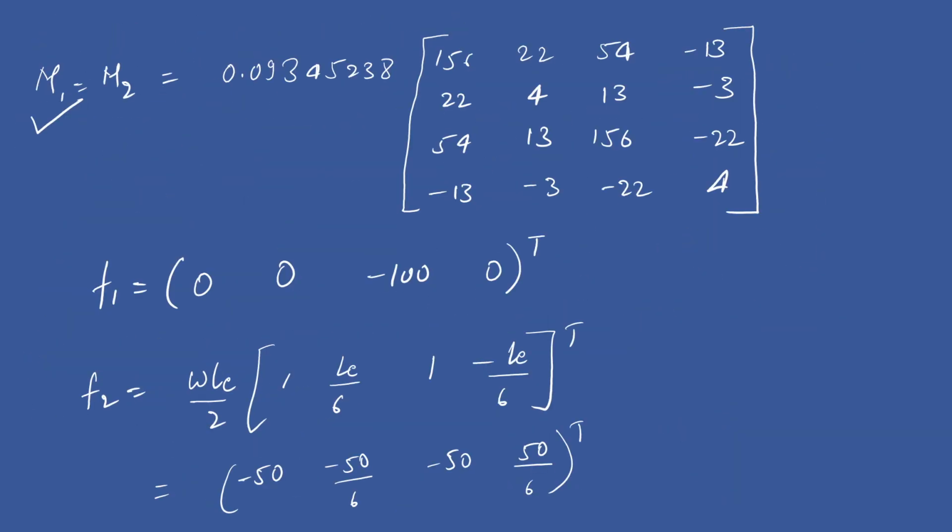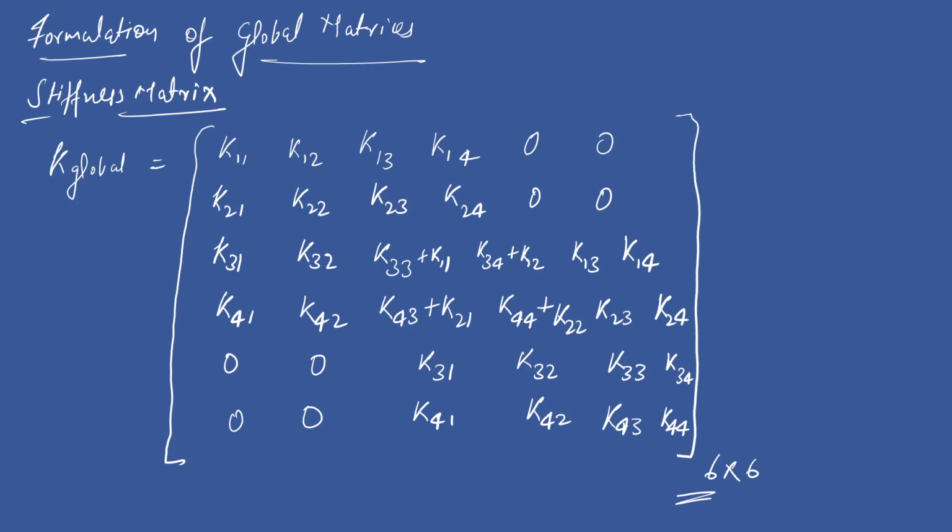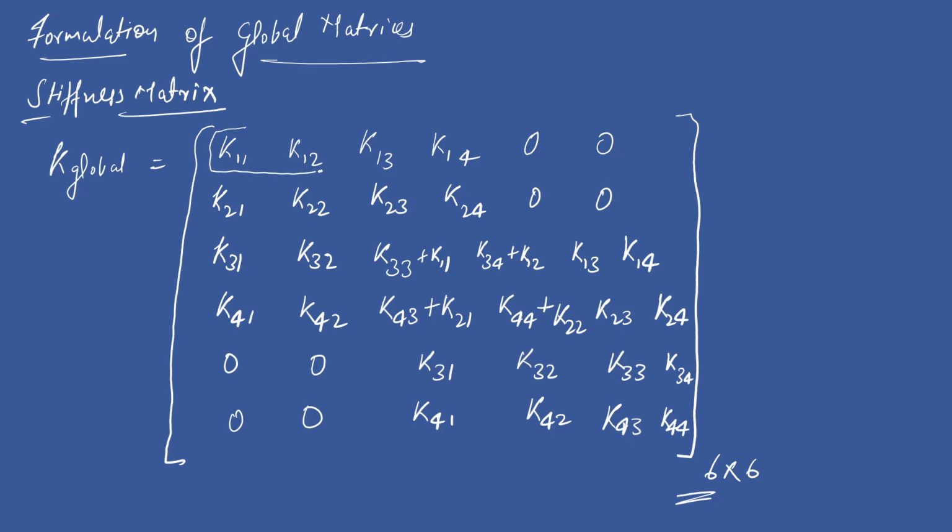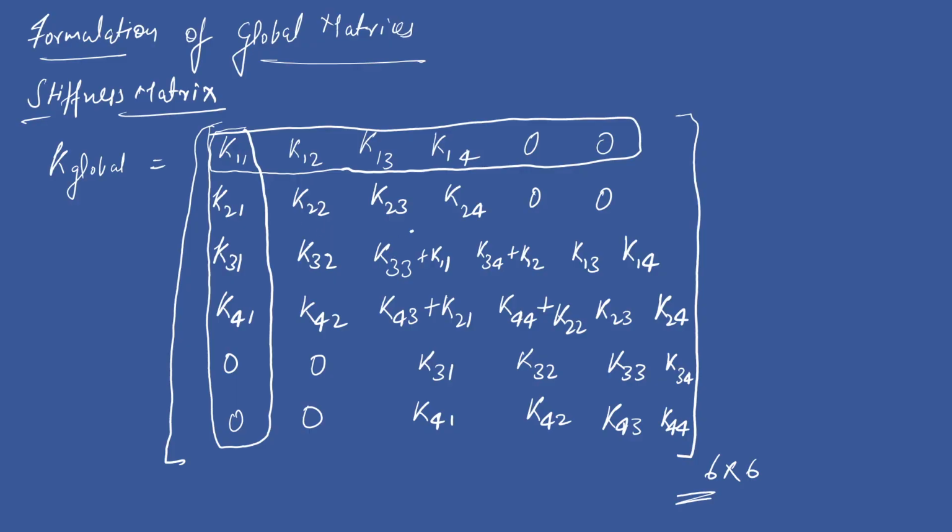So in your particular stiffness matrix, this particular row, let's say this particular column corresponding to your first element, since it will get multiplied with 0.